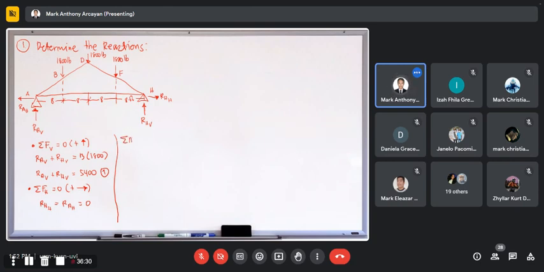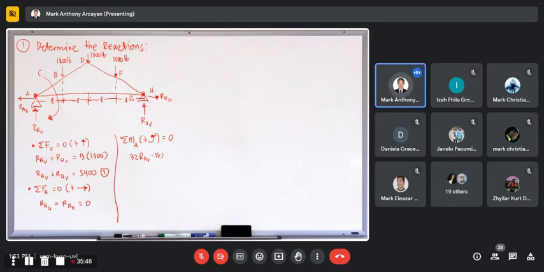the summation of moment. For the summation of moment, you can select either pin A or pin H. So I will take summation of moment at A, positive if counterclockwise. That is equal to 0. So RH vertical produces counterclockwise, so it is positive. Its arm is 8 times 4, that's 32. So 32 RH vertical. Then the 1,800 forces, being downward, produce clockwise rotation. So they are negative.